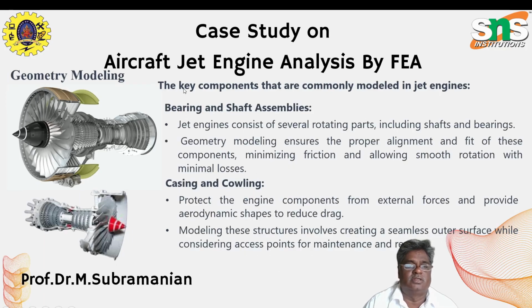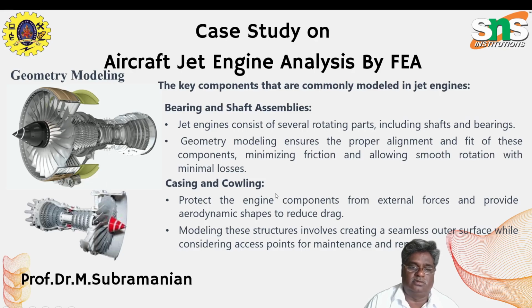The next key component of the aircraft jet engine: bearing and shaft assemblies. A jet engine consists of several rotating parts, including shafts and bearings. Geometric modeling ensures the proper alignment and fit of these components, minimizes friction and vibration, and allows smooth rotation with minimal losses.